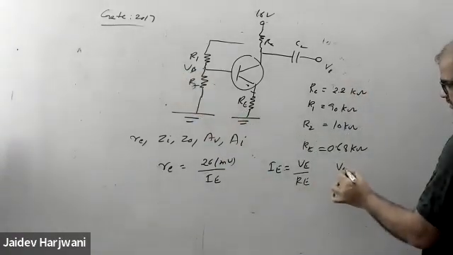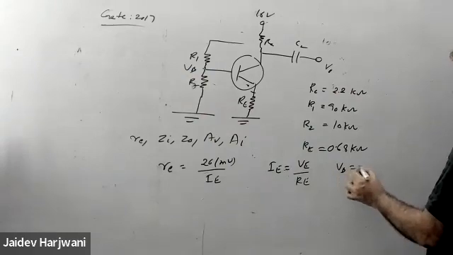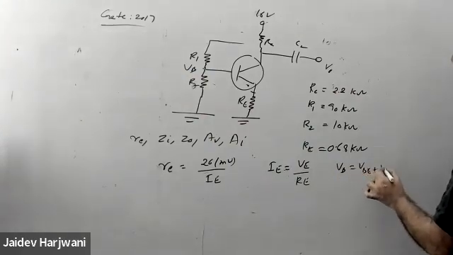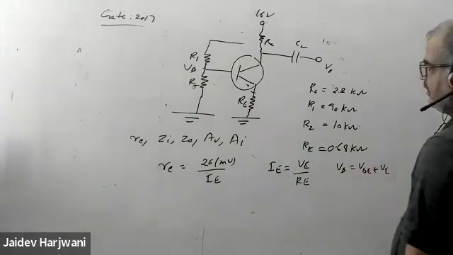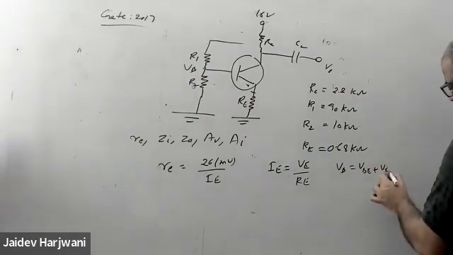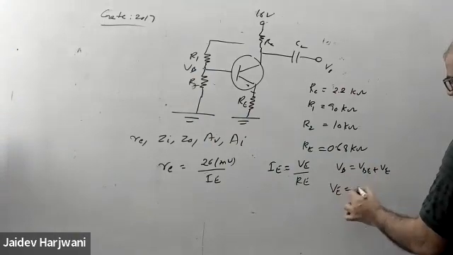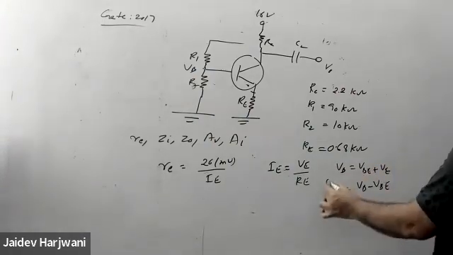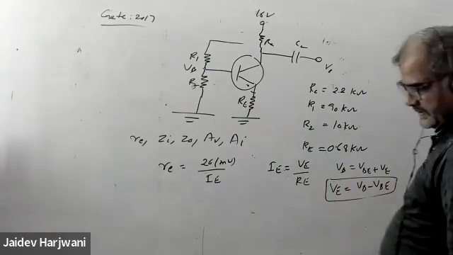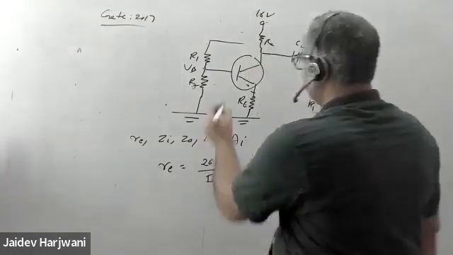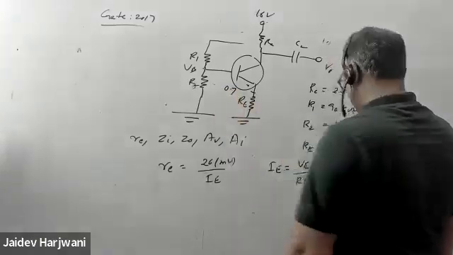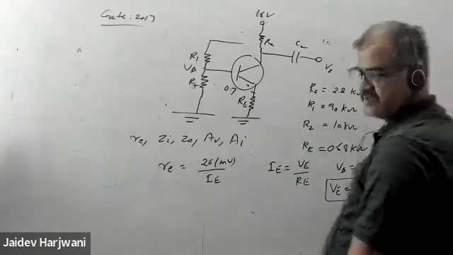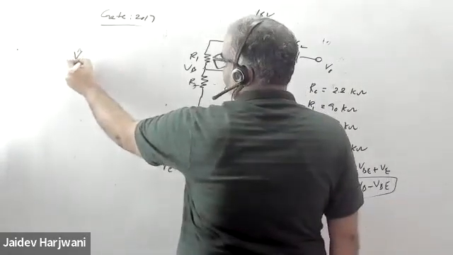VB is your VBE plus VE. So VE will be VB minus VBE. VBE you take 0.7, and calculate VB. VB is simple, just voltage division.